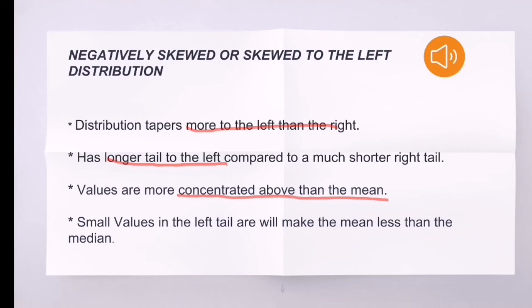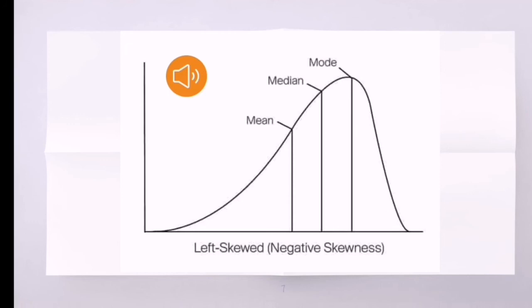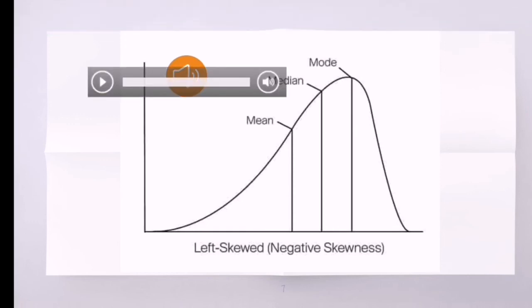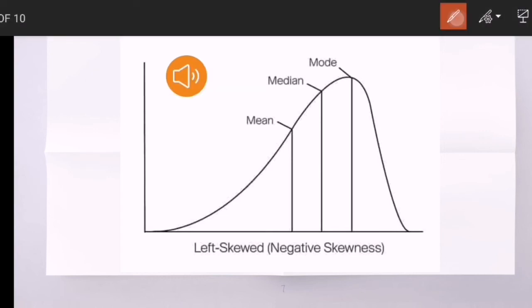So say for example in the illustration in the next slide. In this slide, the mode is higher than the median and the mean.